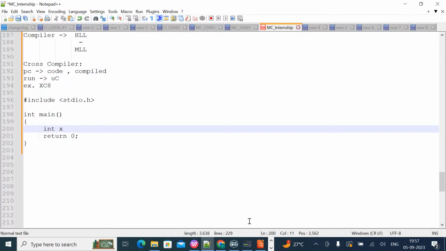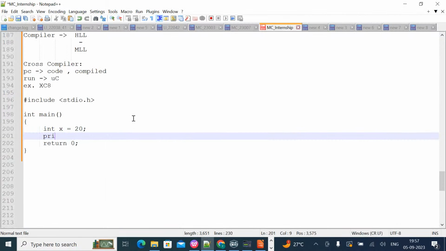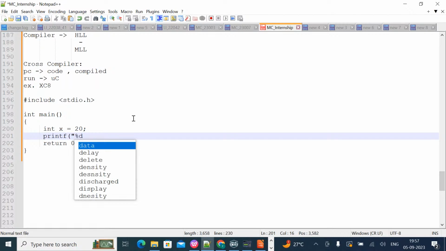I'm assigning x the value 20, and here I'm calling printf with percentage d and a new line, and I will be passing the variable x. So what is the aim of this code?